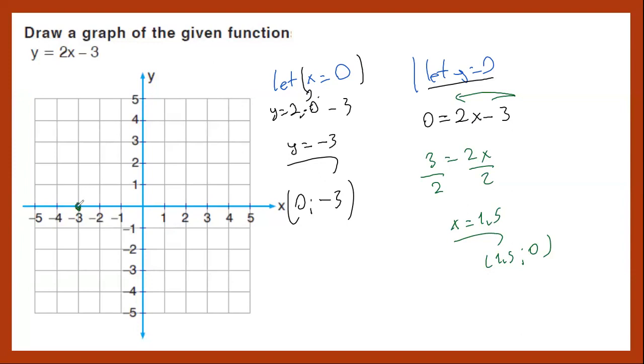And then the other one, 1.5, 0. Gia, you're not saying anything to me? I'm waiting for you. You see that? What I placed, I placed in the wrong place.